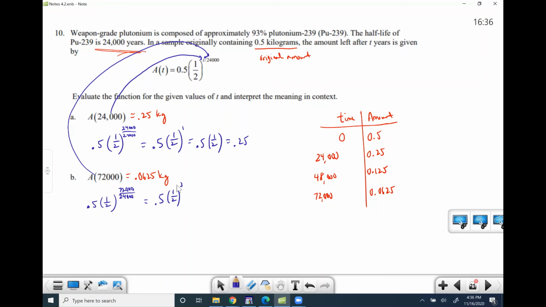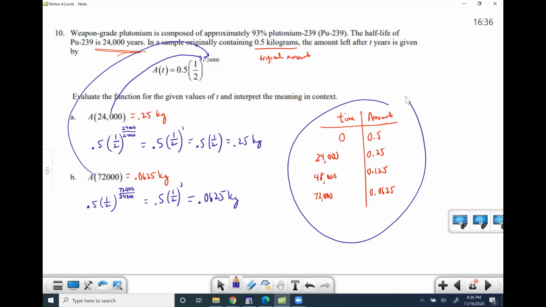If you put that into your calculator, 72,000 divided by 24,000. Yeah. And let me go ahead and plug this in. 0.5 times 1 divided by 2 to the third power. Yep, there it is. 0.0625 kilograms.